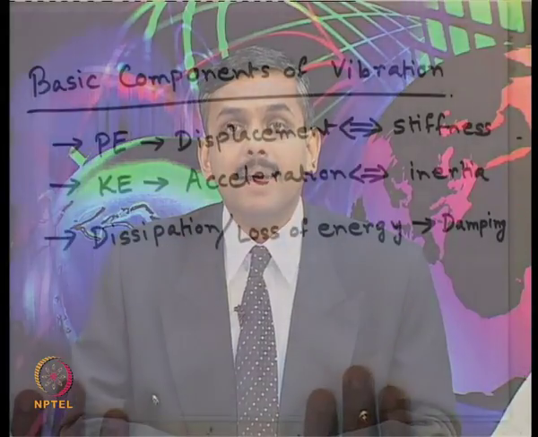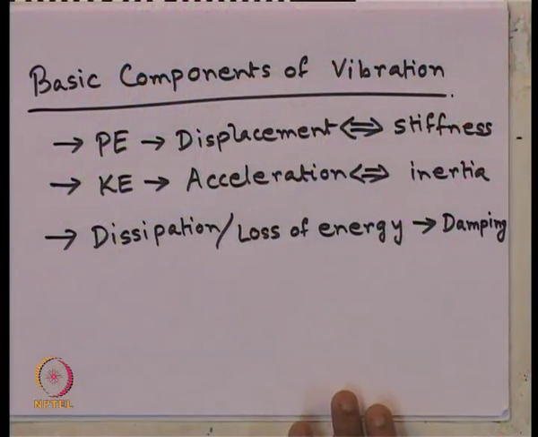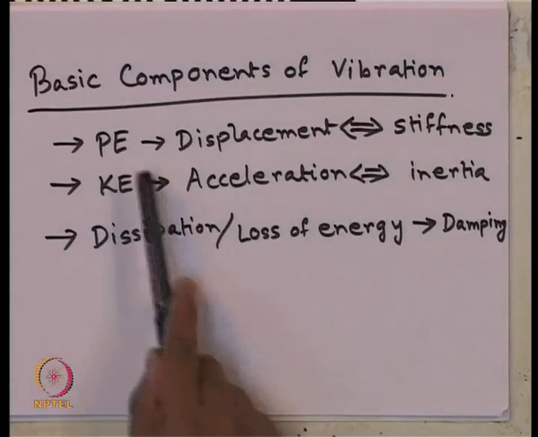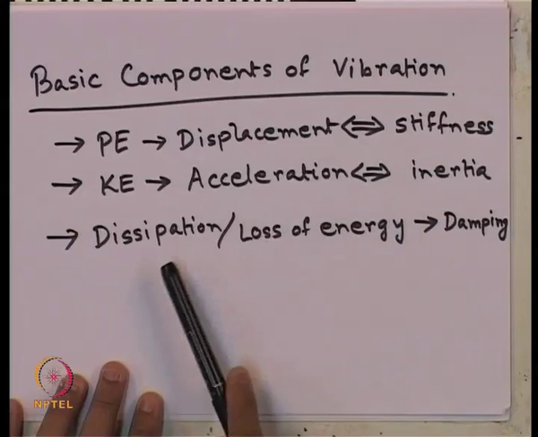Now, let us look at what we have studied in the previous lecture. Let us move back. The basic components of vibration. In the previous lecture, we have seen there are three basic components of vibration. One is potential energy, in which the displacement and stiffness are related to each other.